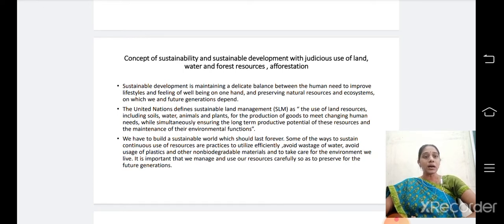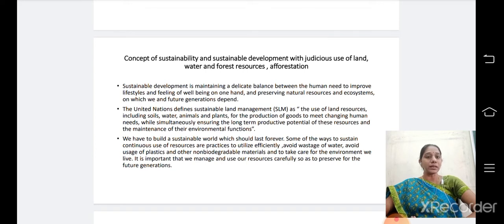So, we are understanding the importance of environment here. We are getting all things from environment. Soils, so that we are getting good crops from soils. Water, we need water for drinking purposes, and so many uses are there for crops.